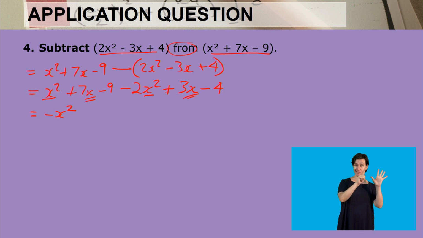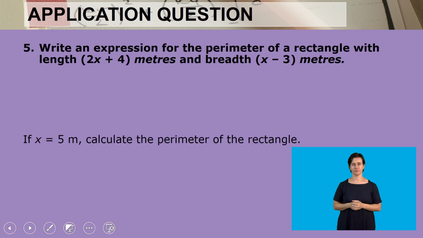We have 7x plus 3x, which gives us positive 10x. And then the last ones would be the constant terms, which is negative 9 and negative 4, which would give us negative 13. So that is our expression. And then let's look at the next question.